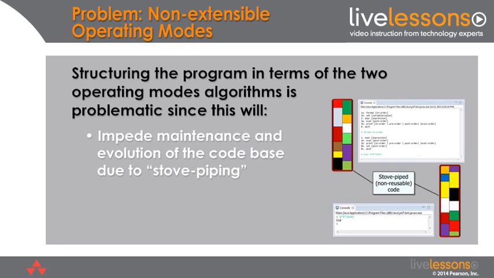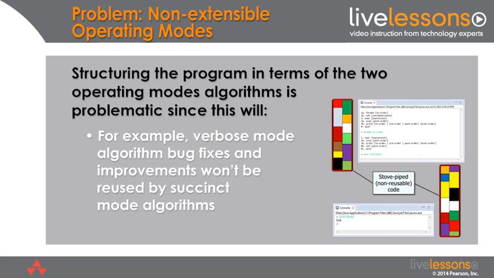The other problem has to do with what will happen to the maintenance and evolution of the code base if we end up partitioning the solution into two separate algorithms. In particular, if we have a verbose mode algorithm implementation and a succinct mode algorithm implementation, and they don't share very much in common, then any bug fixes or improvements that we add to one won't easily be reused without additional work in the other one.